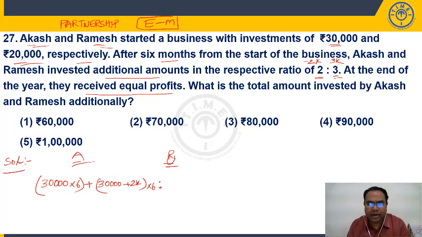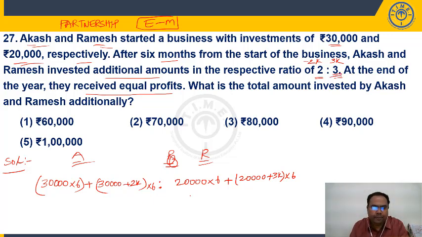Similarly, Ramesh has invested 20,000 for 6 months. After that, this 20,000 plus he is investing how much additionally? 3K. This is for another 6 months. Now, if you observe here, 6 is common in all these, so 6 will get cancelled.